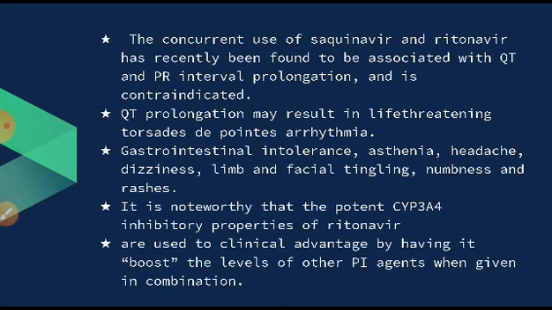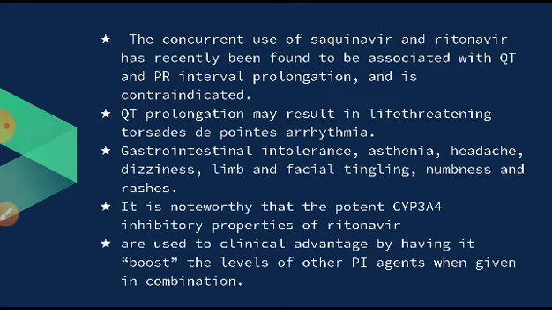So, saquinavir and ritonavir together is not a very safe combination because of the changes in the ECG. QT prolongation may result in life-threatening torsade de pointes arrhythmia. This is a condition called torsade de pointes. Gastrointestinal intolerance, asthenia, headache, dizziness, limb and facial tingling, numbness, and rashes.